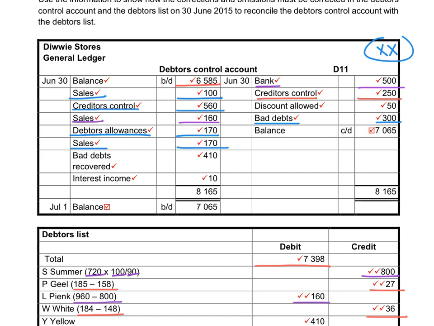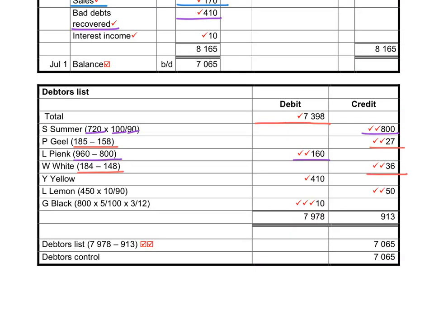The debtors control account will be debited with the 410 to show that the debtors owe this amount again, and we will credit bad debts recovered, because this was not supposed to be on the credit side included in this bank figure, because it was supposed to go to bad debts recovered. Yellow now has a credit balance because we made a mistake. So to correct that credit balance, we will debit his account to indicate that we don't owe him any money.